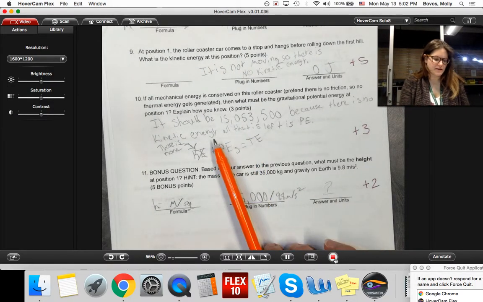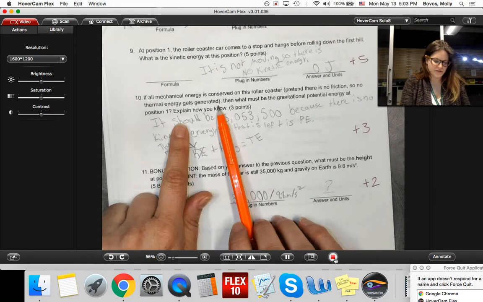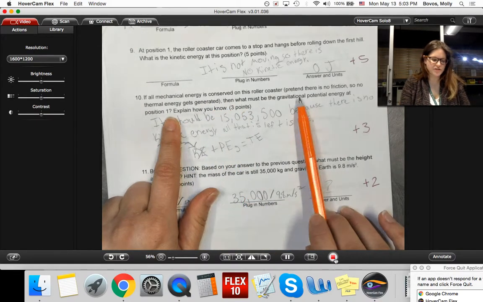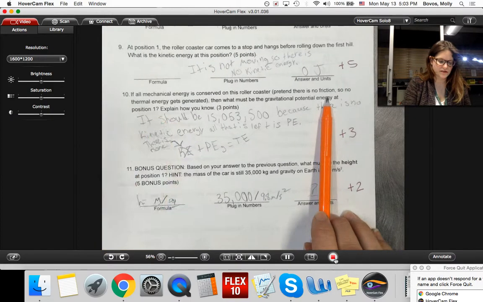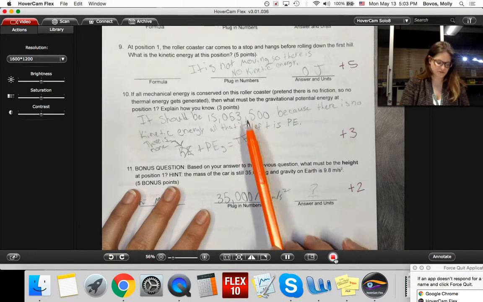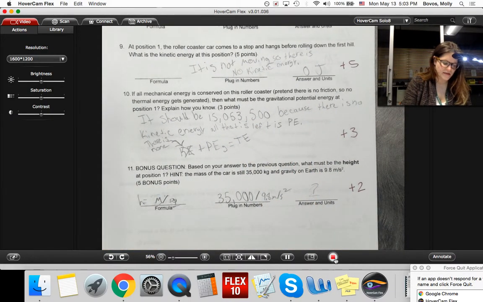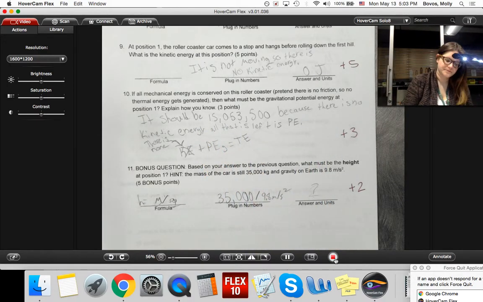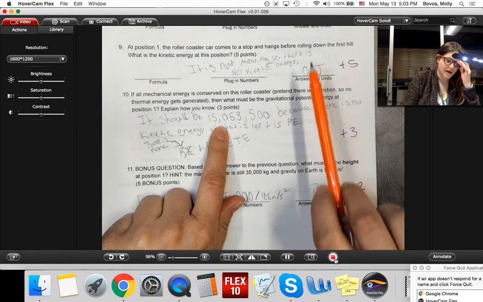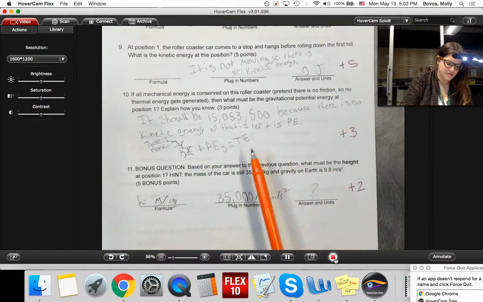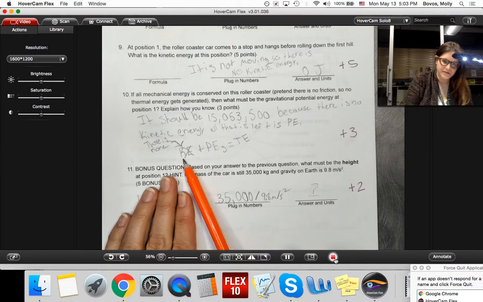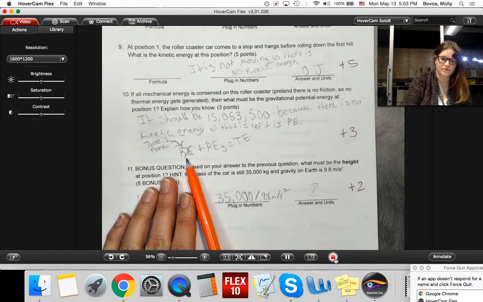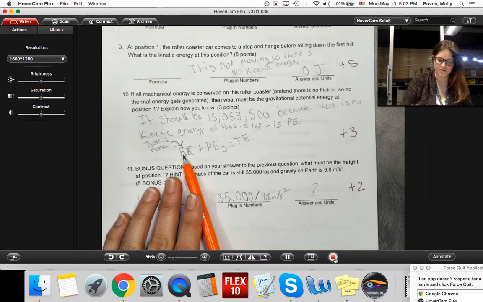Then we have, when we talk about the mechanical energy, if it's conserved and we're pretending that there's no friction here, so no thermal energy gets generated, then what must be the gravitational potential energy at that position 1? So it should be the same as our total. Our total energy is equal to our kinetic energy plus our gravitational potential energy, and this student is showing there is no kinetic energy when we're at position 1.